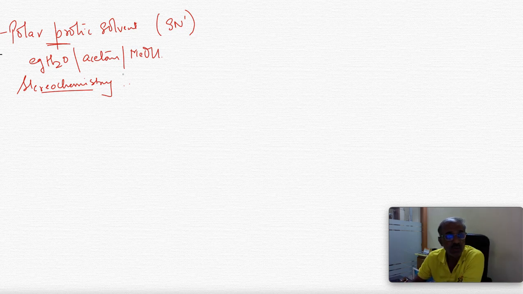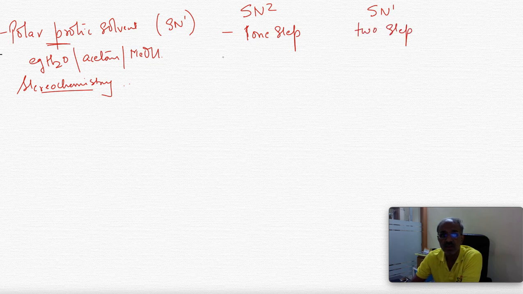Now if I want to do a simple comparison between SN2 reaction and SN1 reaction: SN1 reaction is a two-step reaction, and SN2 is a one-step reaction. In SN2 there is a transition state involved. In SN1 there is no transition state, the carbocation is an intermediate, nothing else.